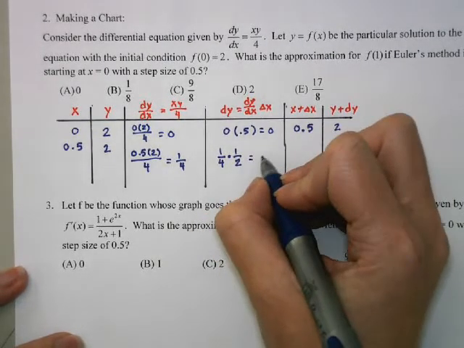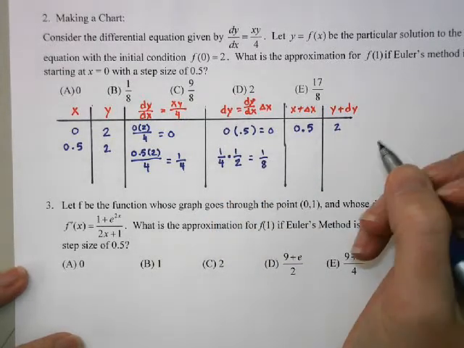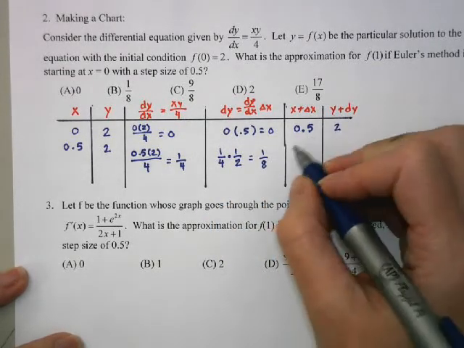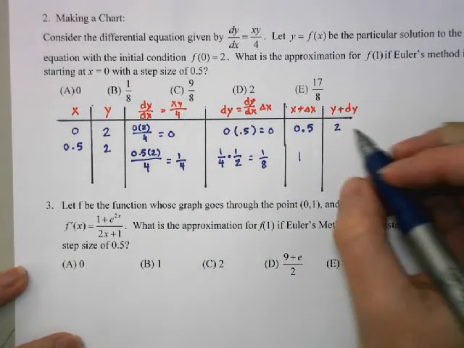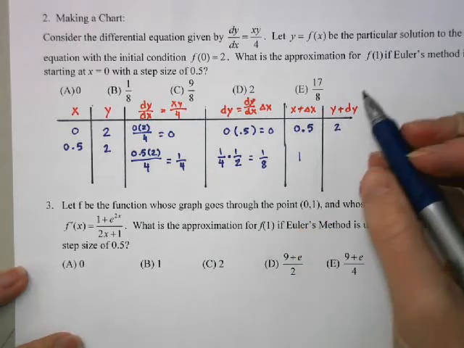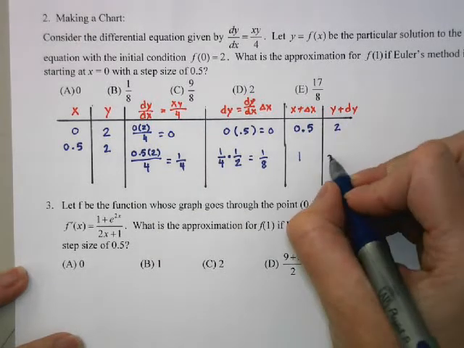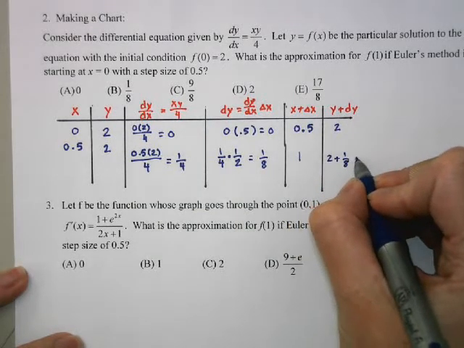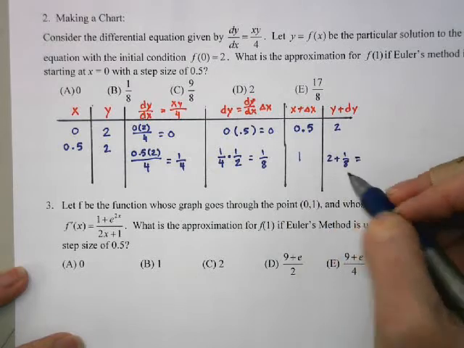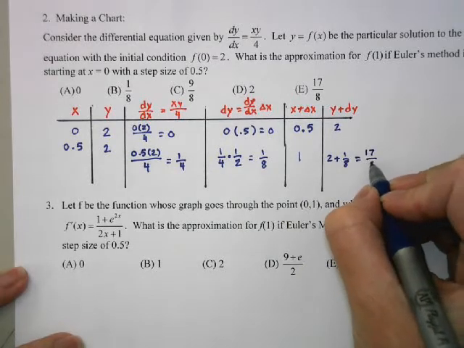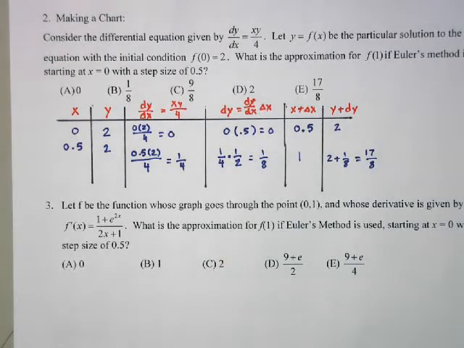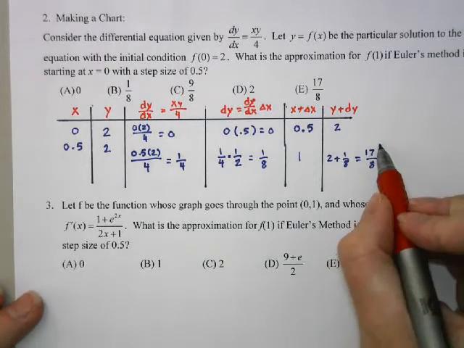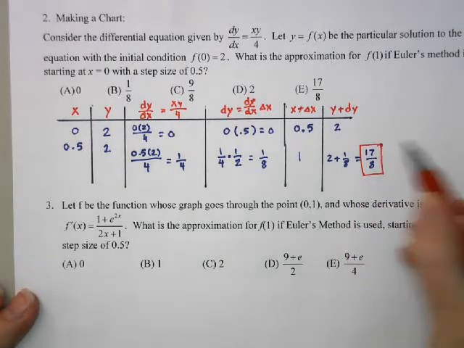We're going to end up going up and over 1/8 in that half x. So my new x is 1. My new y is going to be 2 plus the 1/8. So that's going to be 16/8 plus 1/8 is 17/8. So this is my solution using Euler's method.